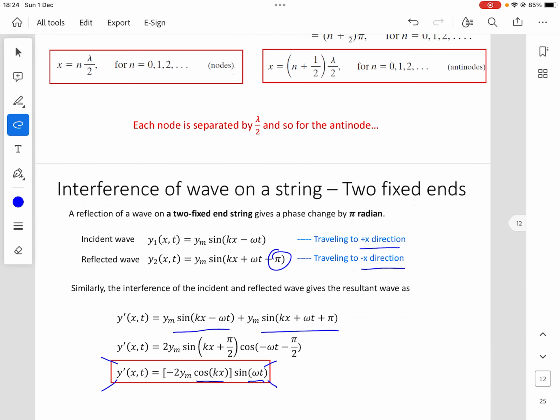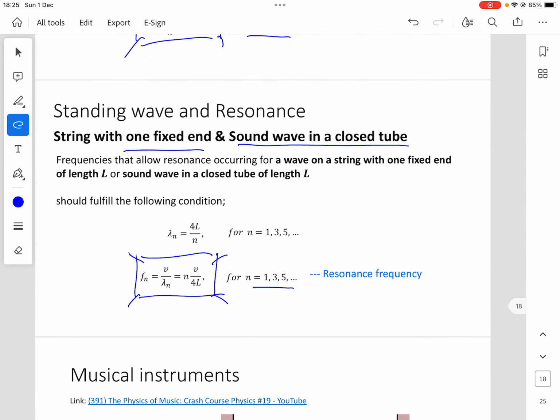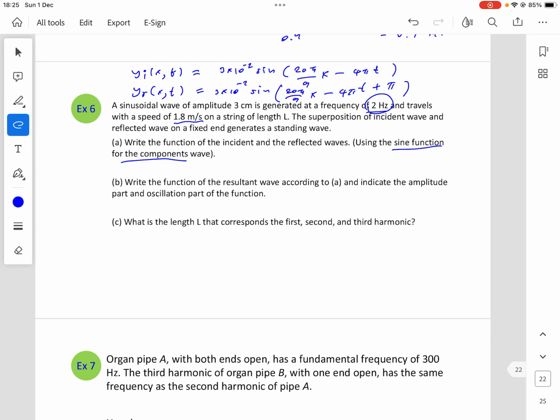From here it's minus 2ym cosine kx, minus 2ym cosine kx and psi omega t, right? This is y plum x,t. You can put the ym in. You know that ym is 3 times 10 to the minus 2. Put the k in and omega in, you get the complete function.